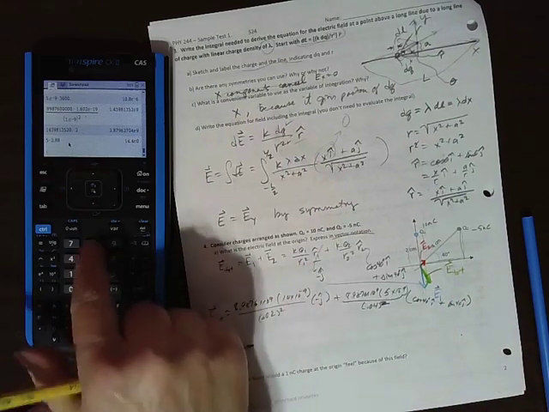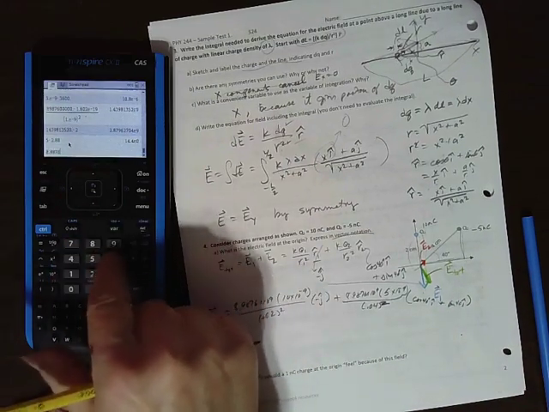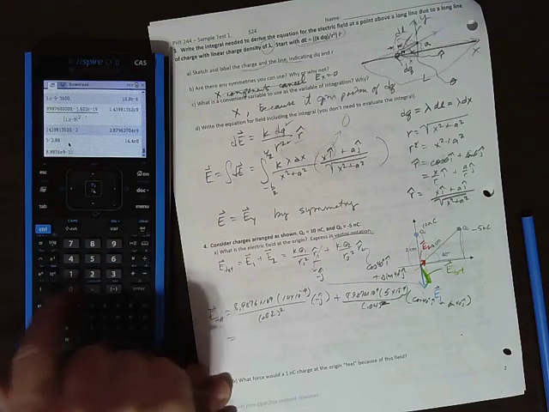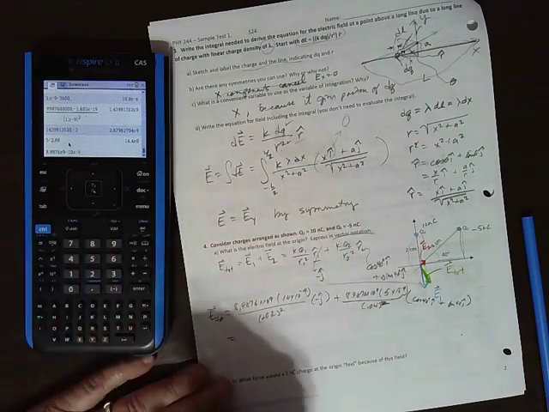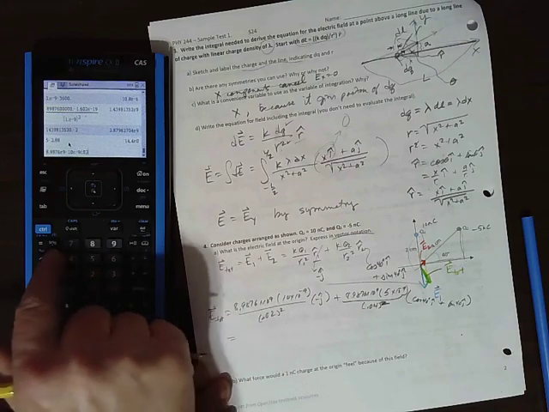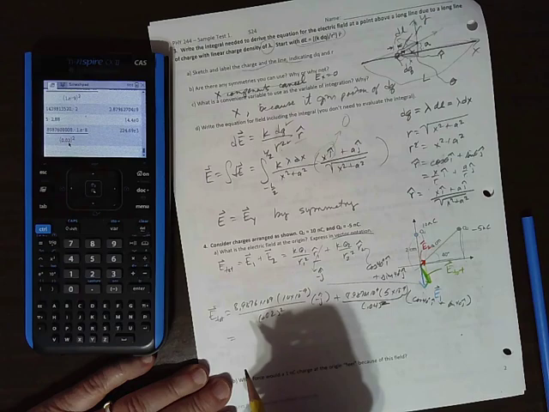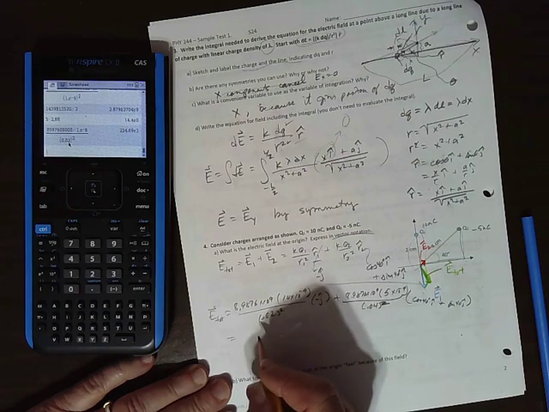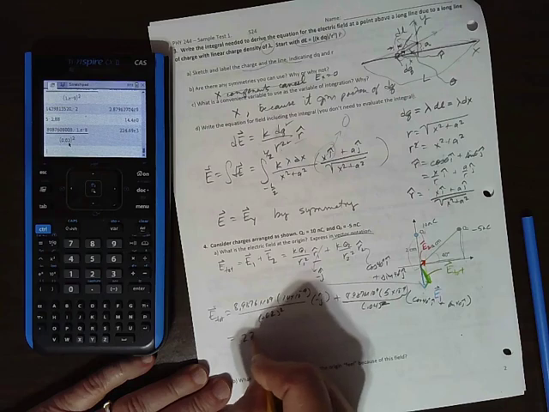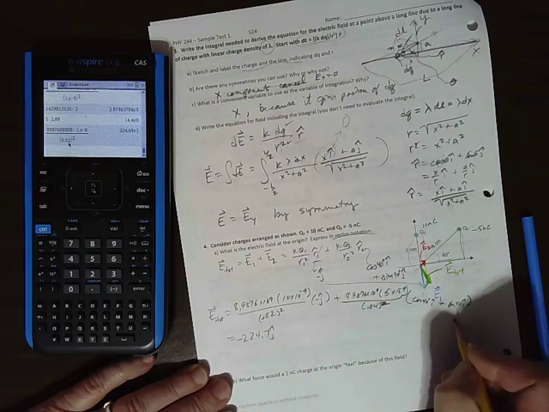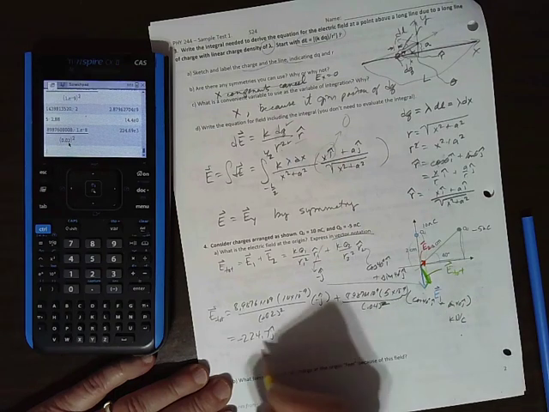All right. 8.9876 E9 times 10 E negative 9 divided by 0.02 squared. Okay. 224.7 negative J hat, and this is going to be kilonewtons per coulomb when we get it.